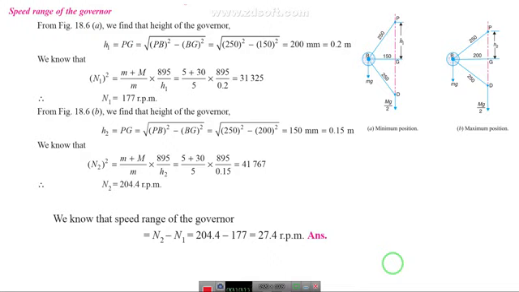So we'll get a 0.15 meter value, and again we can calculate the maximum speed, that is N2 square, using the relationship (m plus capital M) divided by m into 895 divided by h2. So h2 value we have calculated, and small m and capital M values are known values, so we can substitute and calculate the N2 value. So the range of the speed of the governor can be calculated, that is N2 minus N1. So we'll get a value of 27.4 rpm.